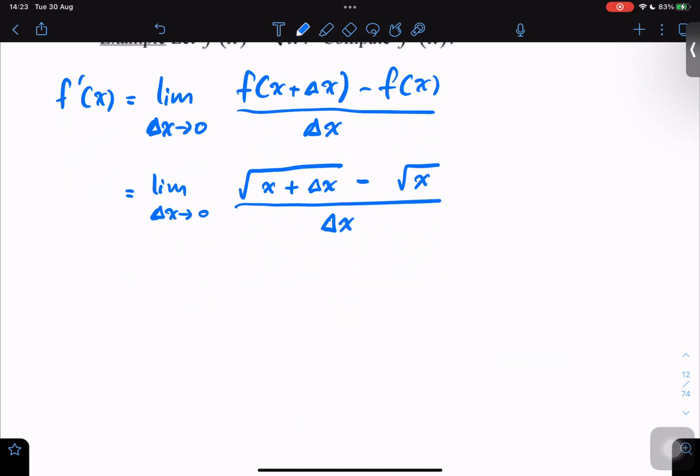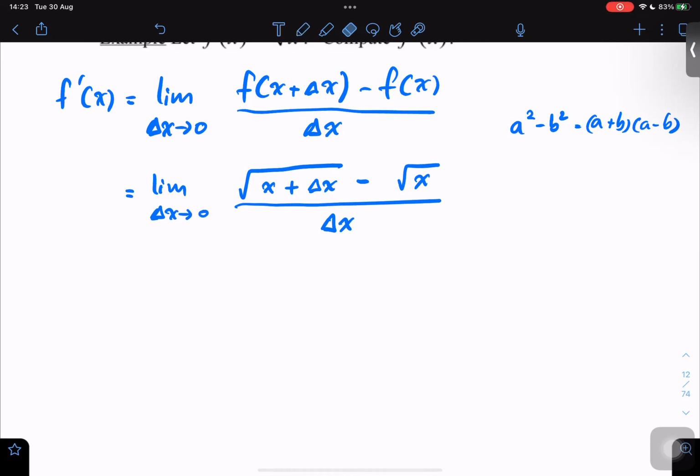So what I'm going to do is use a squared minus b squared equals a plus b times a minus b, but this one I'm going to reverse. Last time I had x squared minus b squared and changed it to a plus b multiplied by a minus b.